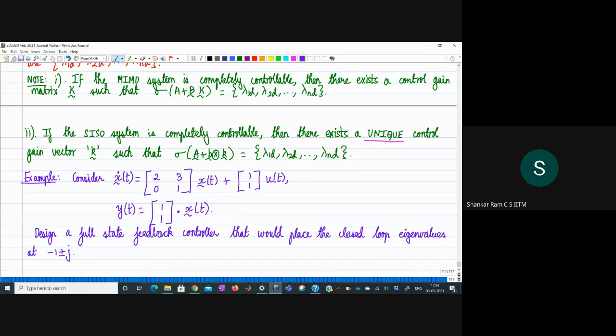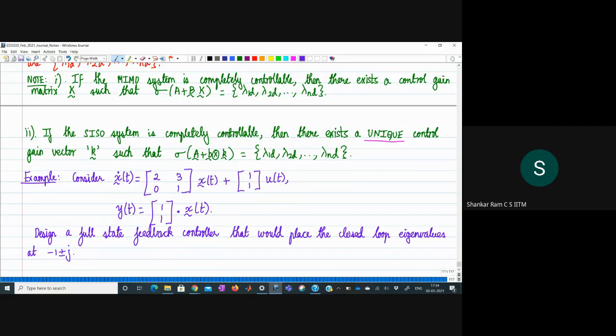So that's the problem. We want to design the full state feedback controller such that we place the closed loop eigenvalues at the location -1 plus or minus j.